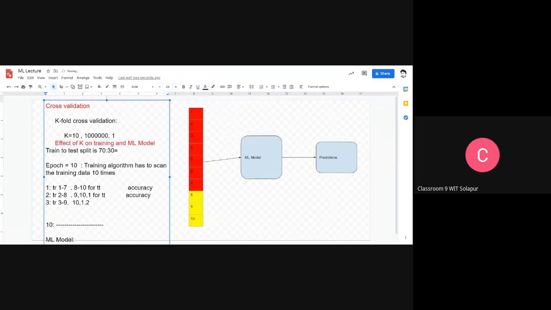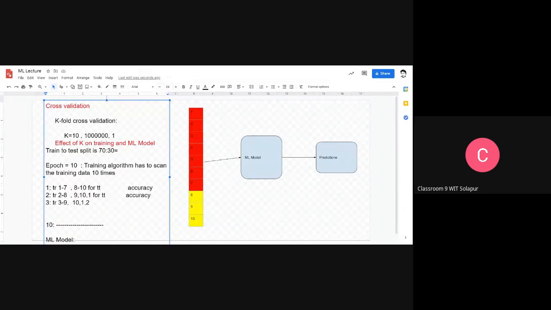Have you understood what cross validation is? Can you quickly respond in the chat window? Have you understood the concept of k-fold cross validation? Others?